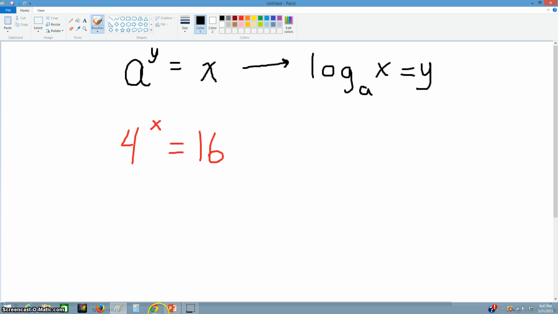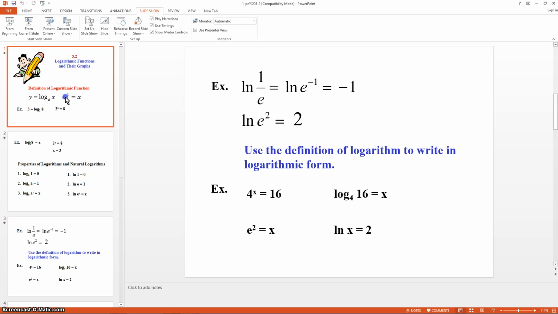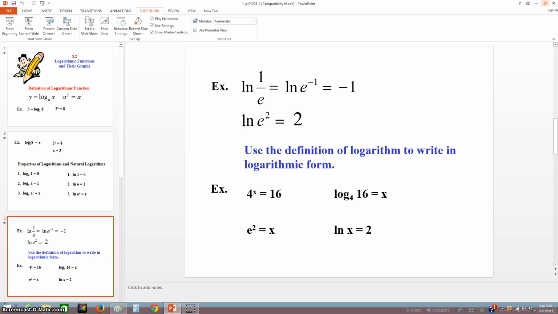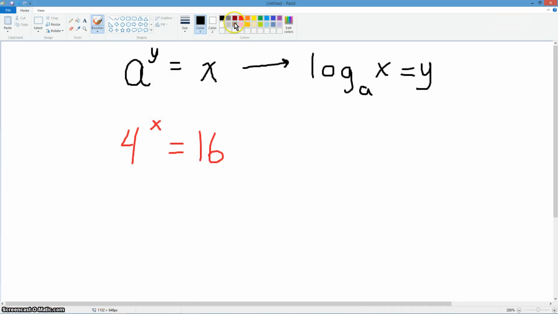Exactly as it states in our first slide. y equals log of x base a. Okay, very simple. Let's match up each letter. So here the a represents the number 4. Here the y represents x. And here x represents 16.